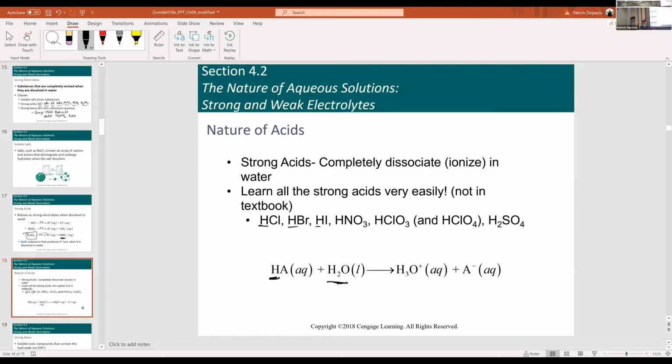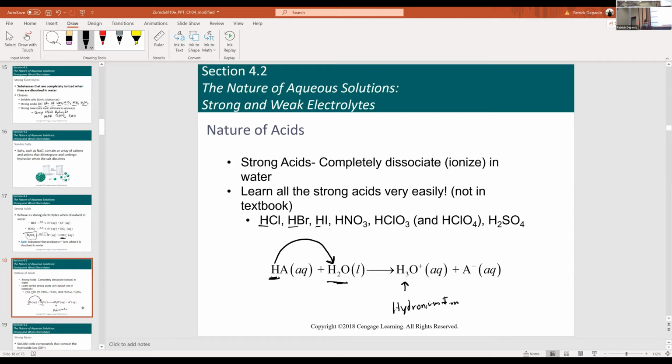The hydrogen from the acid is like, I really don't want this hydrogen right now. The water will take the hydrogen away from the acid and become hydronium, H3O+. It's called the hydronium ion. And then whatever's remaining is the anionic part of the original acid.